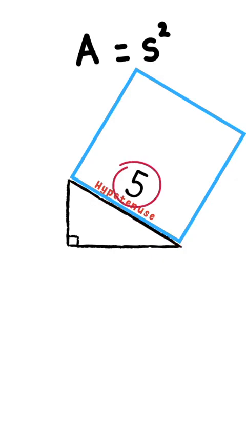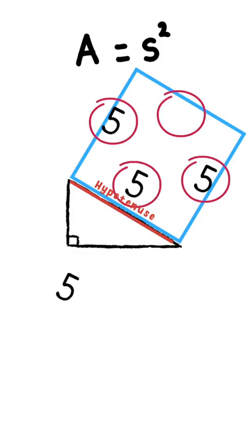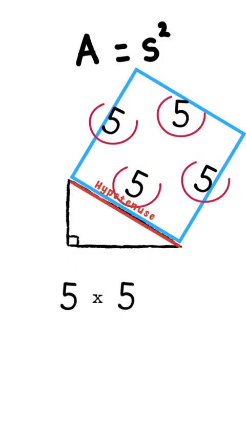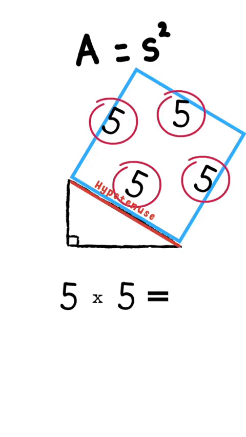And since this is a square, that means all sides are the same, right? Yeah. So we just take one side length, 5, and we multiply it times itself. So 5 times 5 equals... 25. Yes.